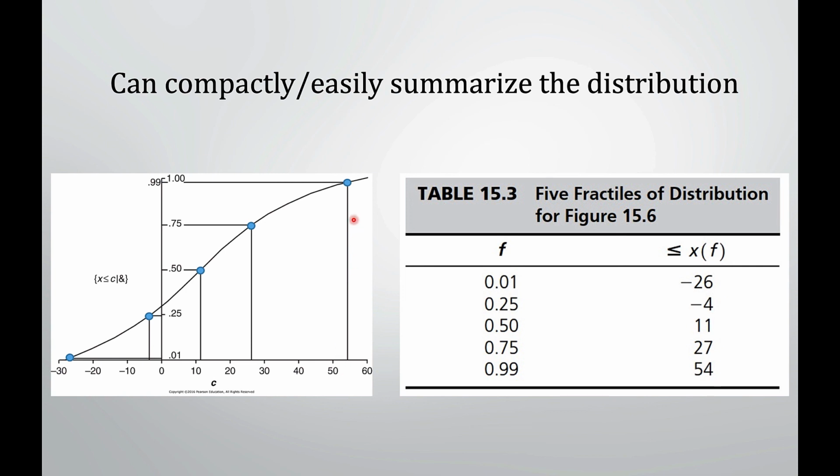Okay, so for any distribution like this, you can read the fractiles of this distribution, these 5 fractiles. We're interested in these 5 fractiles because we're going to define the values of this measure based on them.